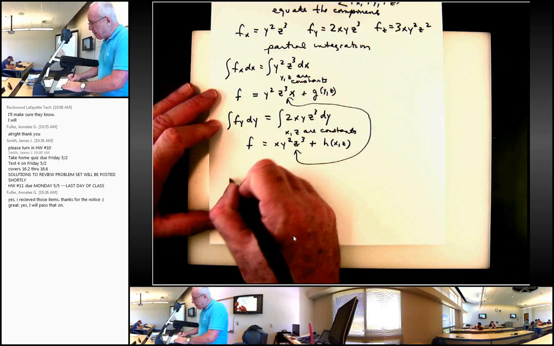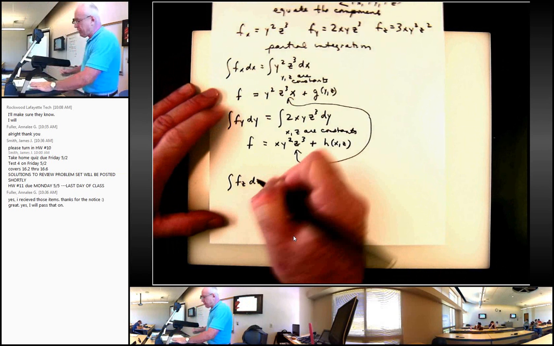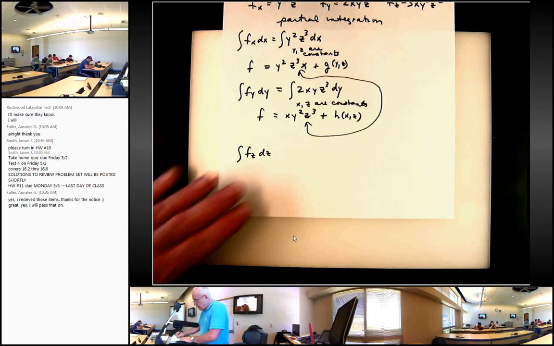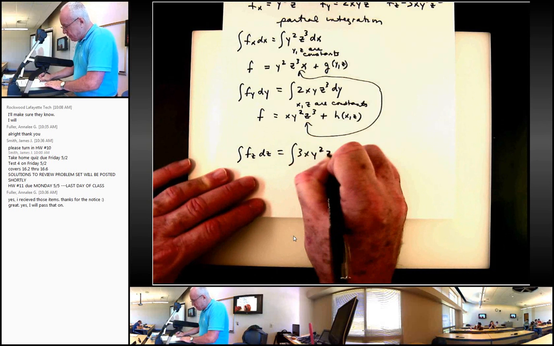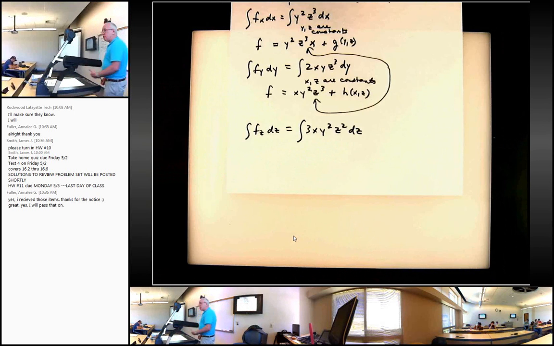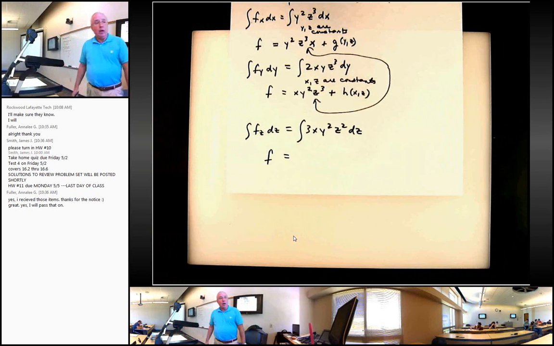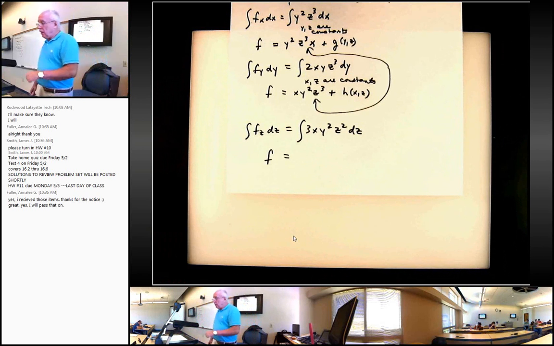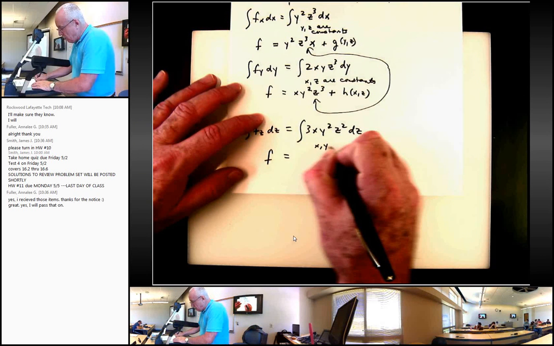So this time we take the fz, do its antiderivative with respect to z, equals the antiderivative of 3xy squared z squared with respect to z. Okay, so the left side again reverts to just little f, and on the right side, integrating with respect to z, so x and y are constants.